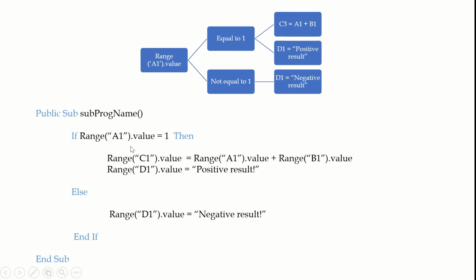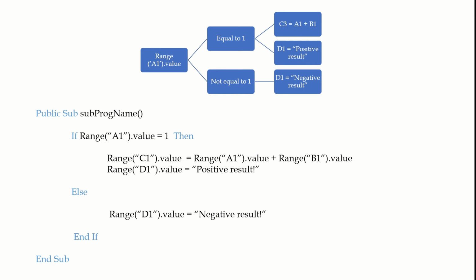So if range A1 value equals 1, then it's going to execute the block of code that's right in the middle of the if statement and the else statement. That is, it's going to set range C1 value equals range A1 value plus range B1 value, and range D1 value equals positive result.